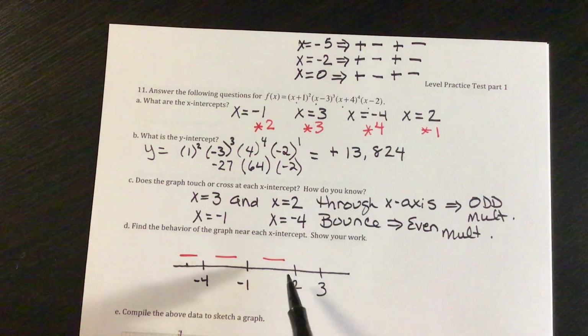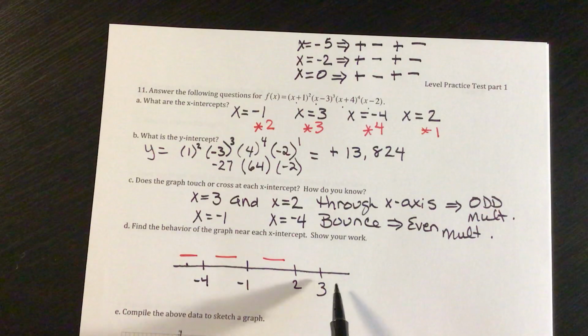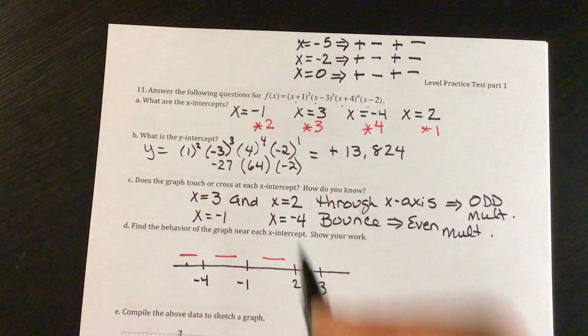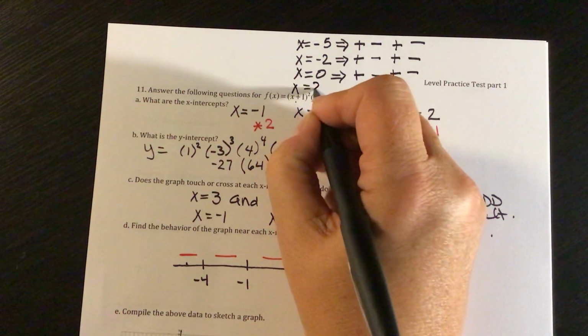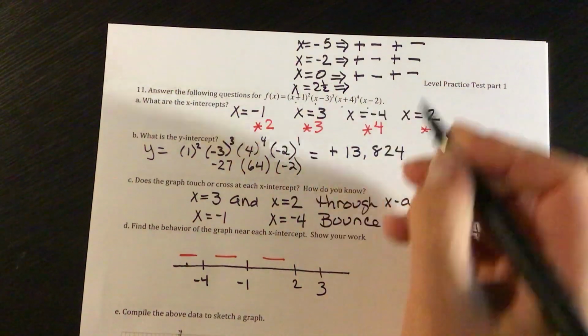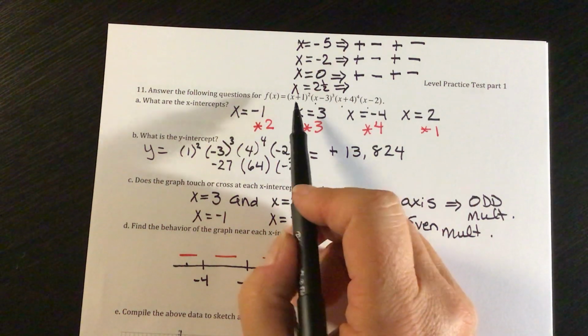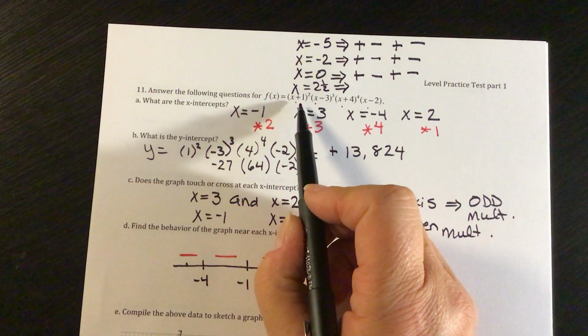Then I'm going to pick a number between 2 and 3. Okay, so I don't have an integer, so let's pick 2.5. Again, we're just looking for the signs. 2.5 minus 1 is a positive.